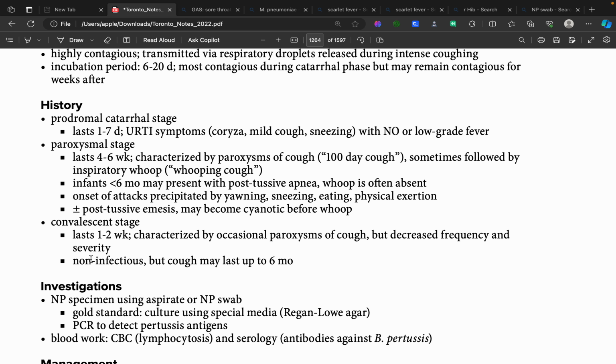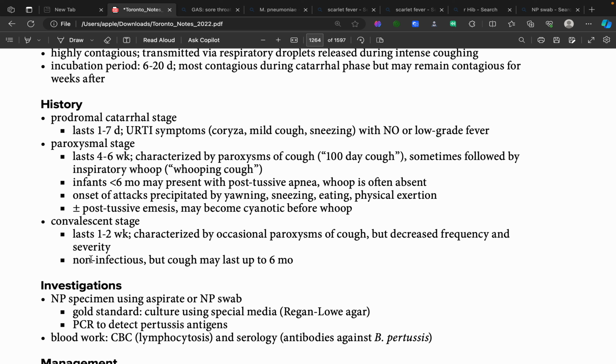So the convalescent stage lasts from 1 week to 2 weeks, characterized by occasional paroxysms of cough, but decreased frequency and severity.